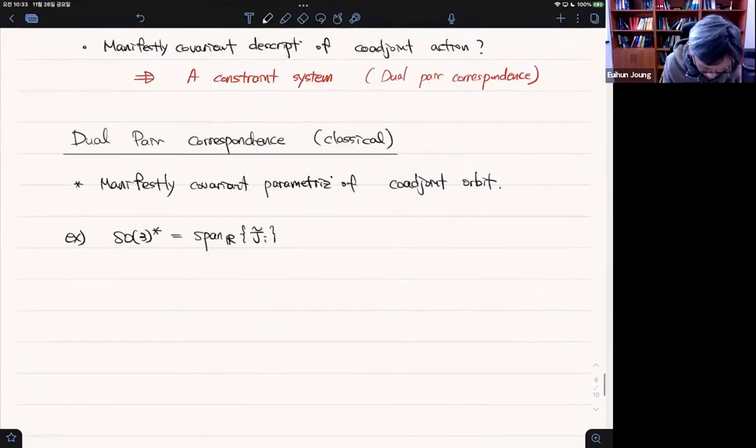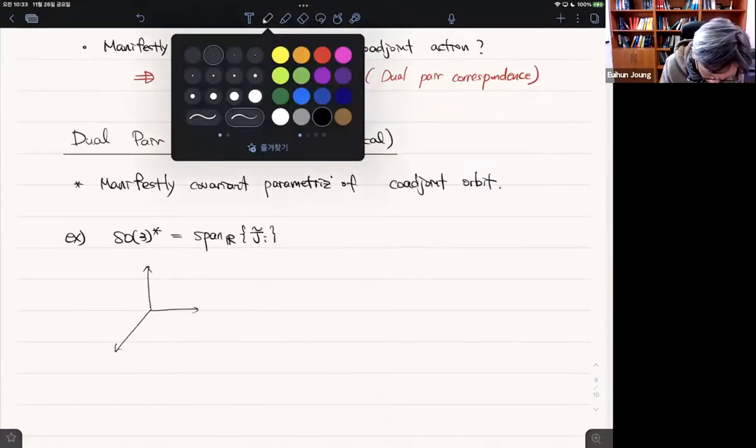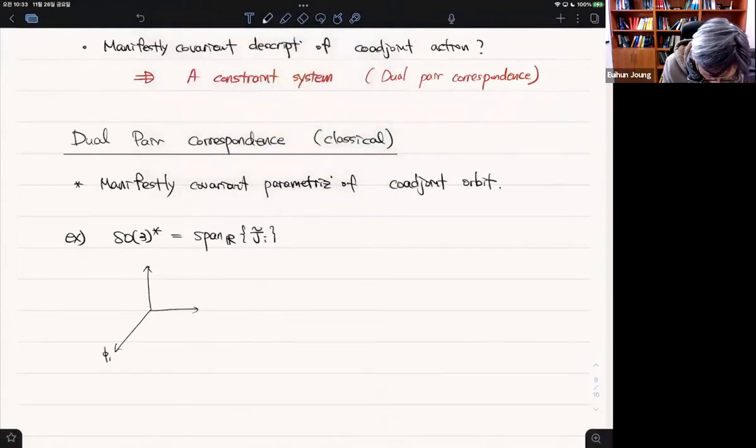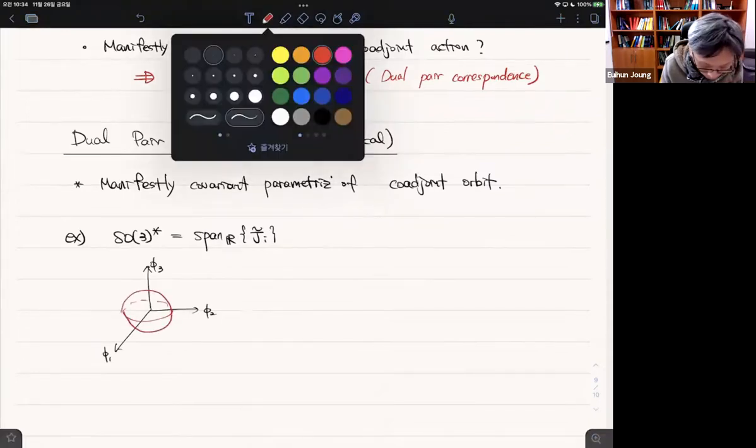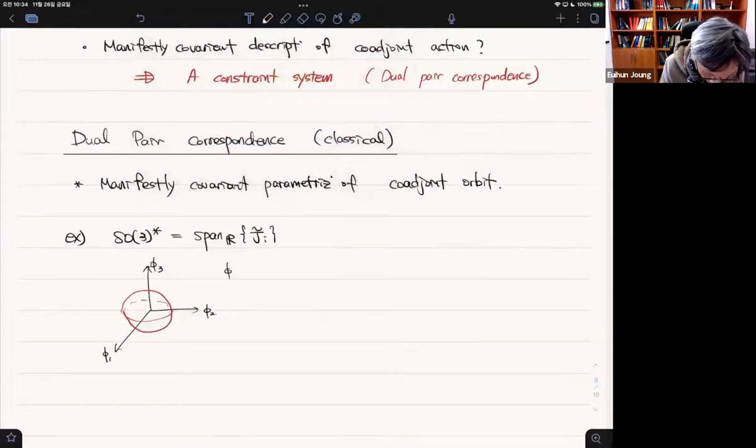In this case it's very simple because any orbit is a sphere. Phi1, Phi2, Phi3 is just a sphere. Good. So phi is phi^{IJ}.